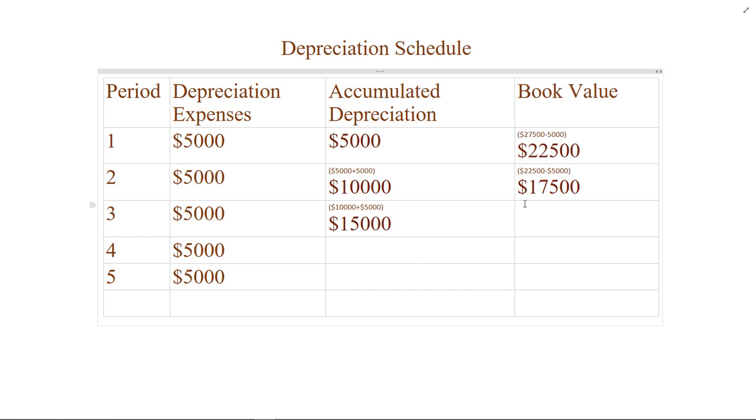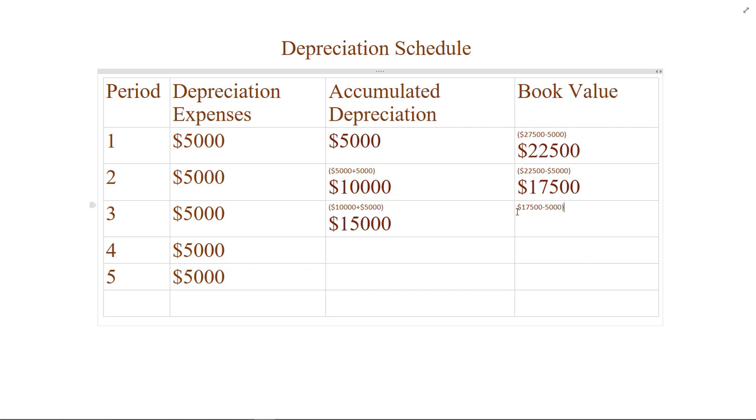Now coming to the accumulated depreciation. Before, in the previous year, the value of the asset was 17,500. It was 17,500 minus the current year depreciation expenses, which is 5,000.